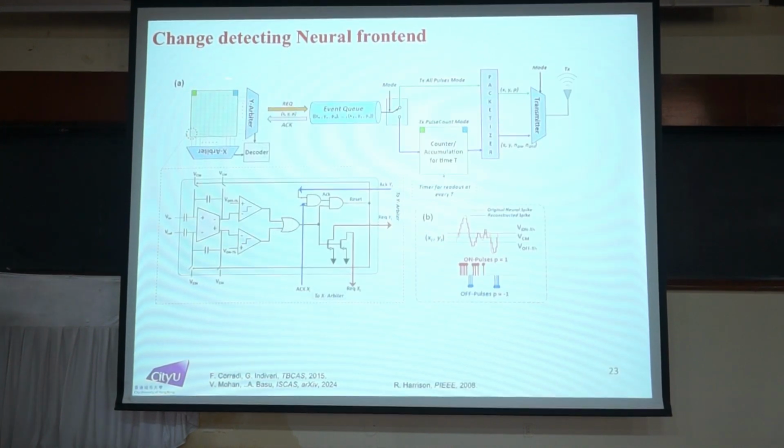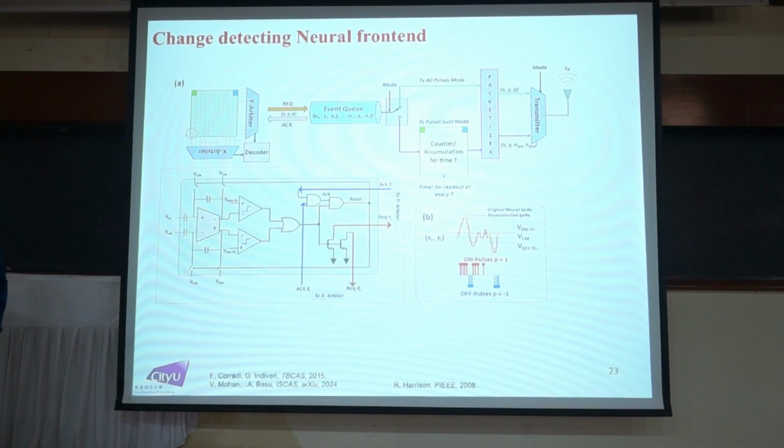So basically if you have an array of these kinds of front ends, you can effectively do stuff like the DVS. You can have arbiters that send events out into an event queue, and you can either send out these pulses as and when they happen, or you can accumulate the pulses in a short period of time, create a kind of mini rate, and then that can go into the packets.